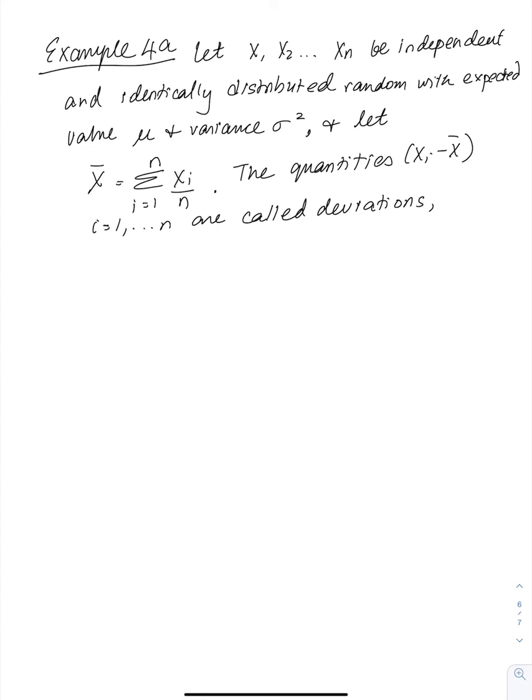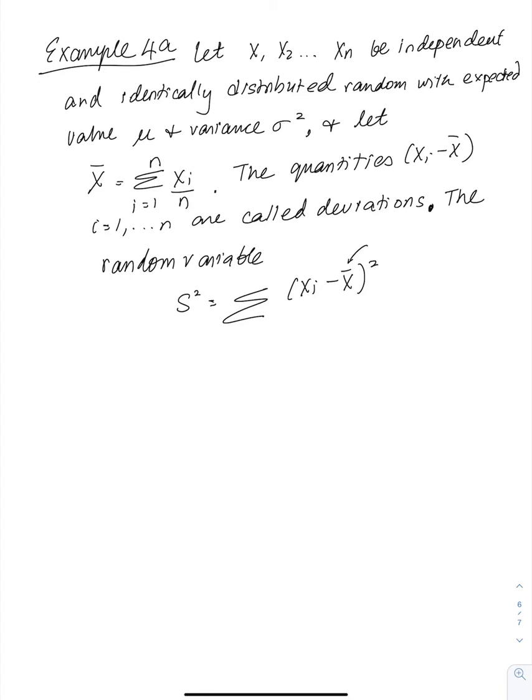All right, and then the random variable s squared, which will be the sum of xi minus x bar squared. So what are you doing? You're looking at xi, you're subtracting the sample mean.